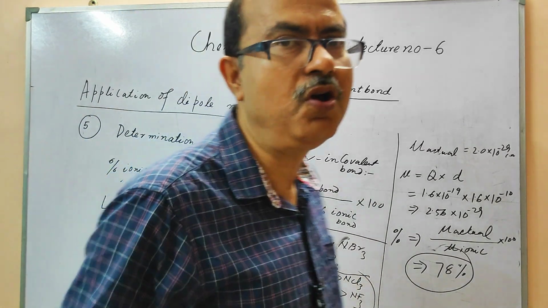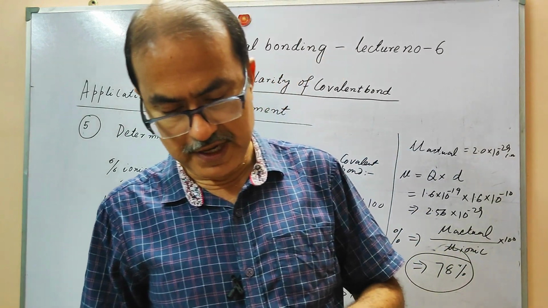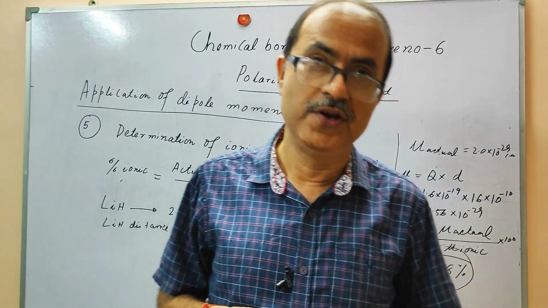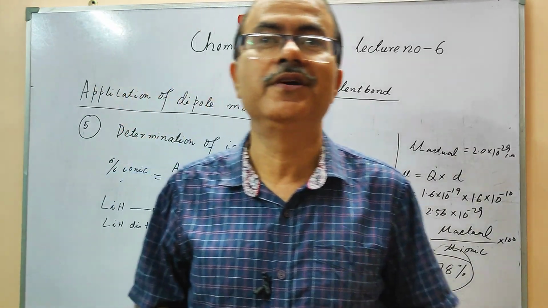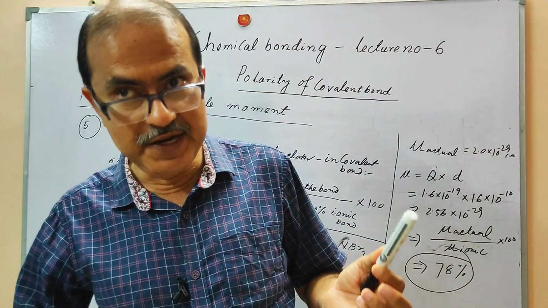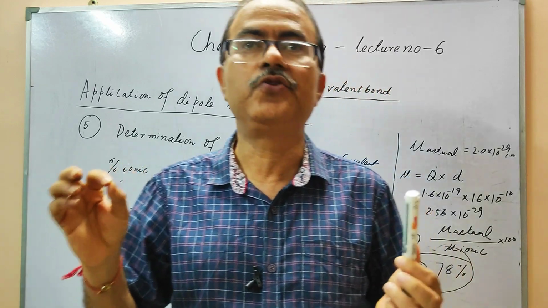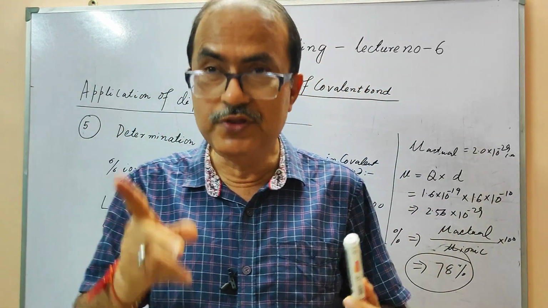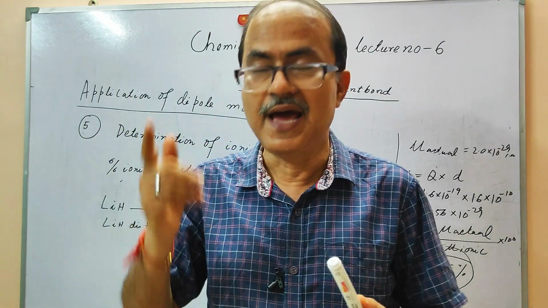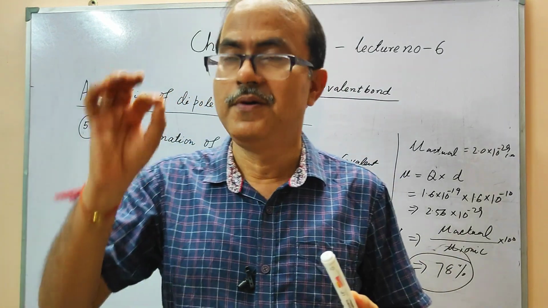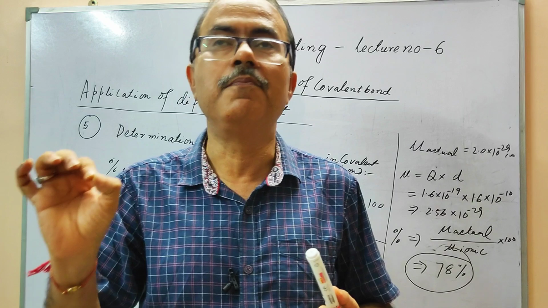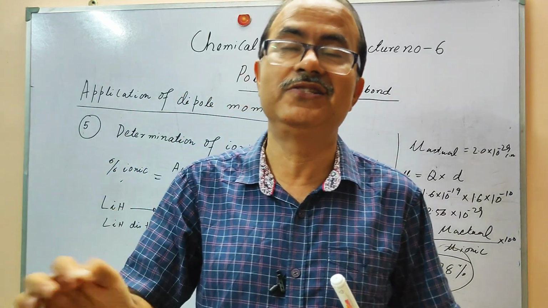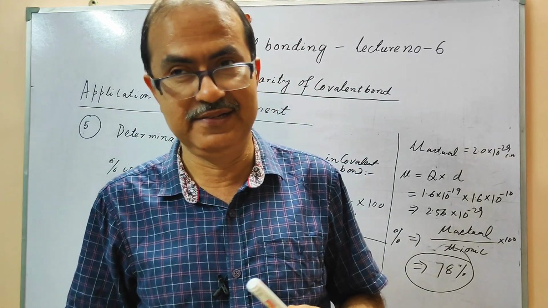Okay, that is all for today's lecture. In this lecture we have discussed a very important thing, the polarity of the covalent bond. Any bond formed by heteroatomic molecules, where both atoms are different, will have some percentage of ionic character.